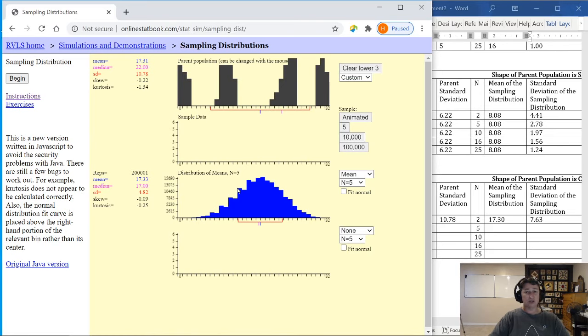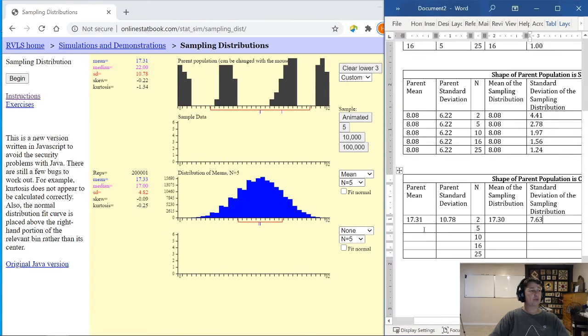Notice that it doesn't look as much like its parent as before. So as I increase that sample size, this distribution of sample means looks more and more symmetric, more and more normal. So let me record the information so we can look at it in a second.